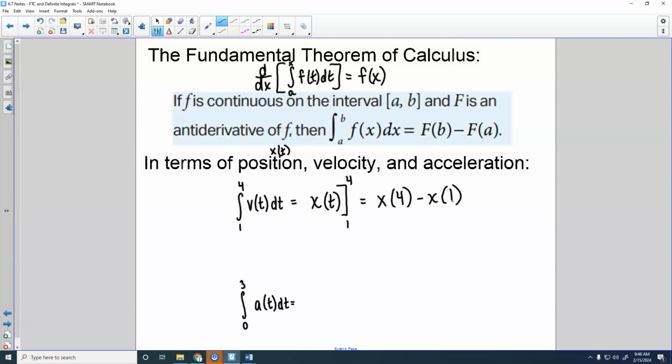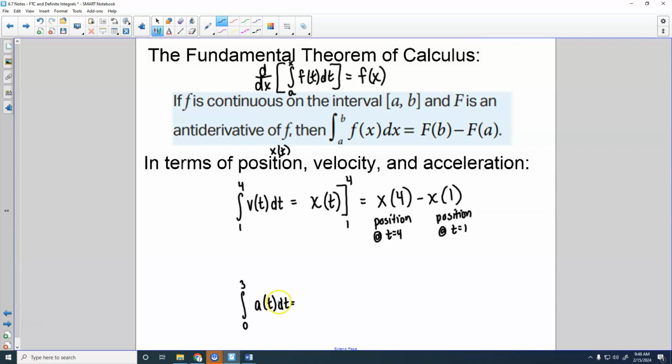And so if you think about this, this is the position at t equals 4 minus position at t equals 1. That's your displacement over that time period, right? Wherever you stopped at t equals 4 minus wherever you started at t equals 1.